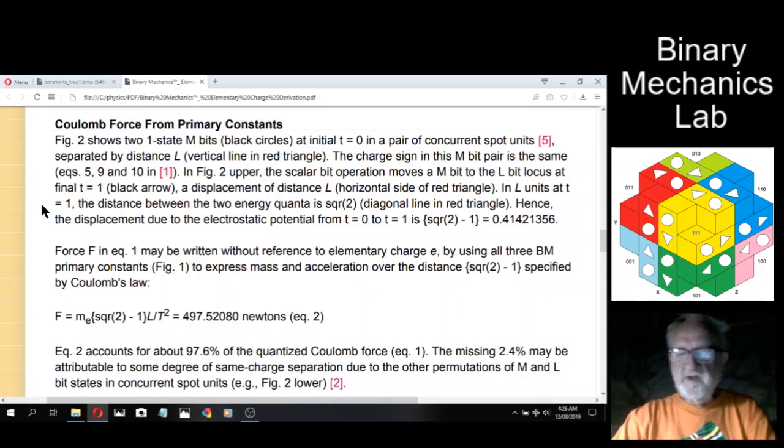The action of the scalar bit operation is to separate like charges such as the adjacent M bits shown in the figure. This effect spreads through a simulated volume at light velocity.